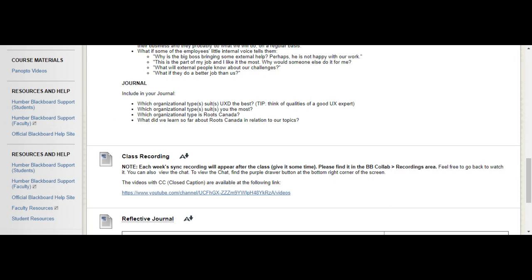Sarah will introduce us, and then we're going to go into more detail. But now in your journal, I'd like you to answer which organizational type you think is best suited for UX. If we want to have UX practice or UX teams, what kind of organizational type do we think is best suited? And is there one or is there not one? I'd like you to think about that.